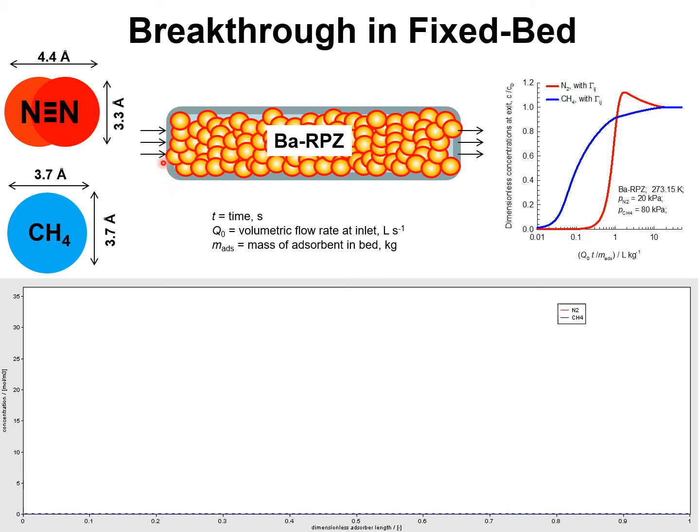The transient breakthrough simulations were performed, and the results are plotted in this graph, in which the dimensionless concentrations at the exit are plotted against a parameter in which t is the time in seconds, q0 is the volumetric flow rate at the inlet in units, say, of liters per second, and m sub ads is the mass of adsorbent in the bed.